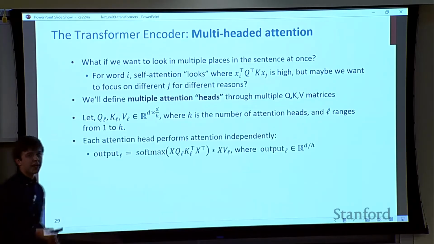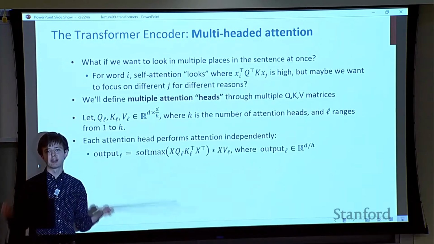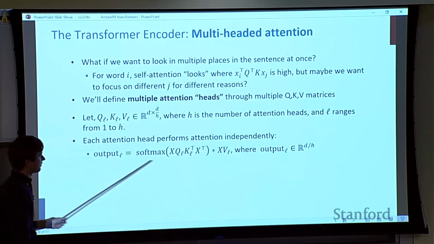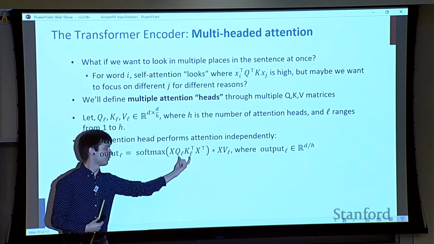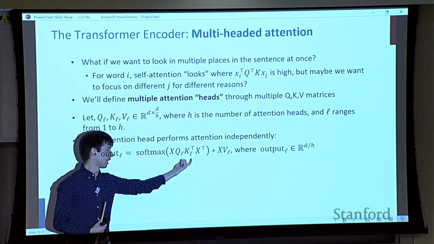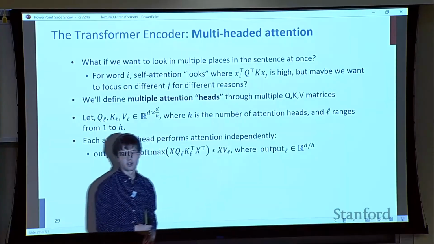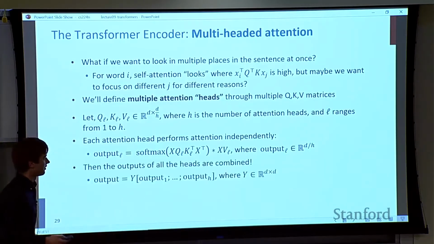And then each attention head is going to perform attention independently. It's like you just did it a whole bunch of times, right? So output l is equal to softmax of XQ_l K_l transpose X transpose, times XV_l. And now you have these indexed outputs.